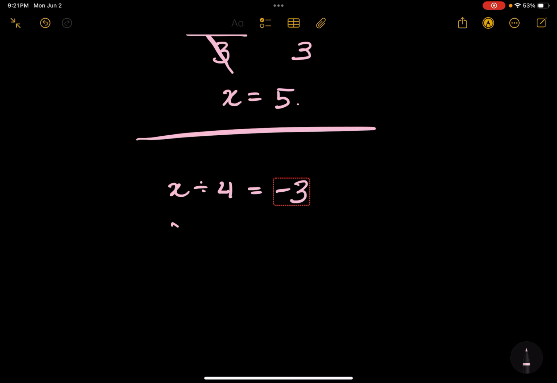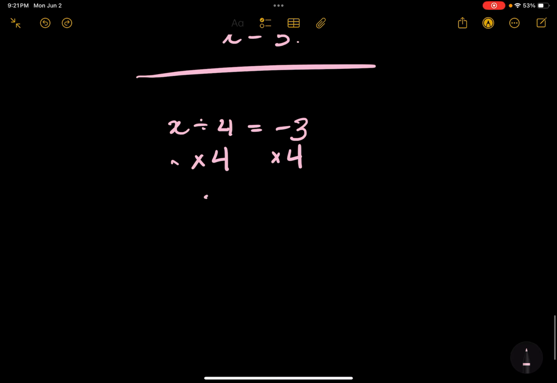What's the opposite of division? Multiplication. So let's multiply both sides by 4. Then we have x equals, these two cancel out, negative 3 times 4 gives us a negative 12.